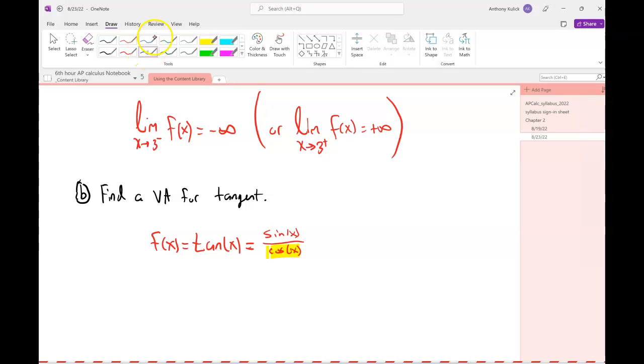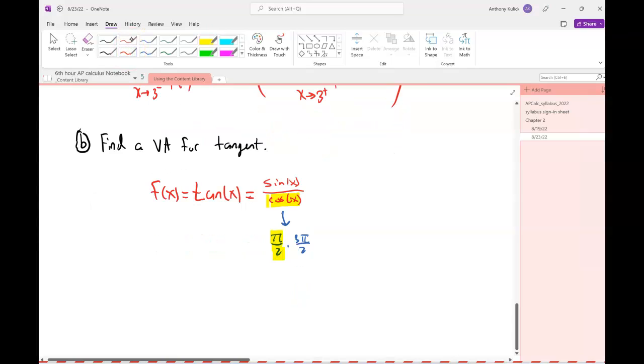Does anybody remember from last year what values on the unit circle cosine is equal to 0? Excellent. Pi over 2 and 3 pi over 2 are both situations where cosine is going to be 0. It doesn't matter which one we choose. I'm going to pick pi over 2.